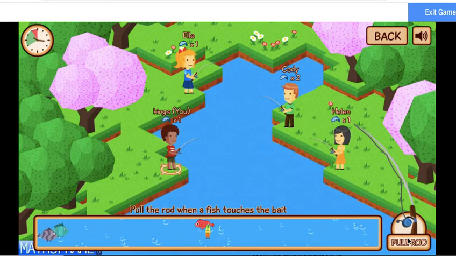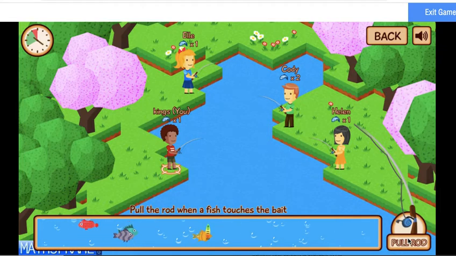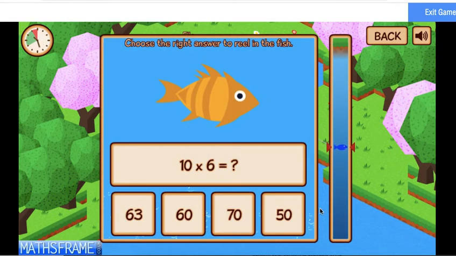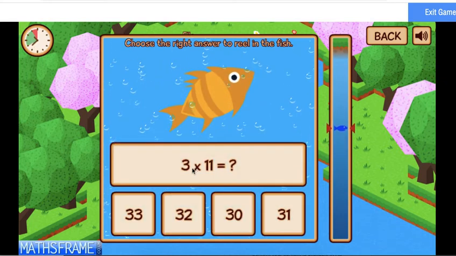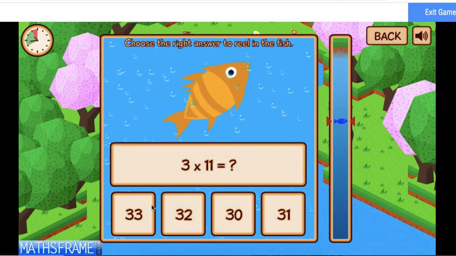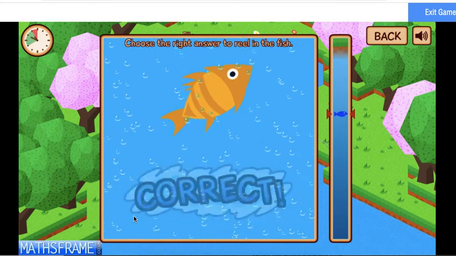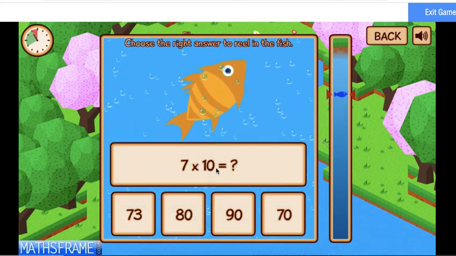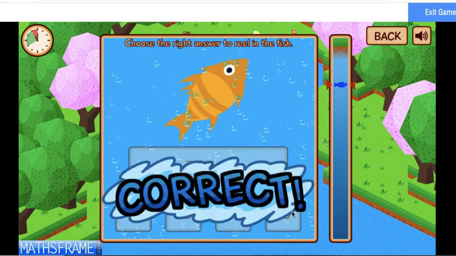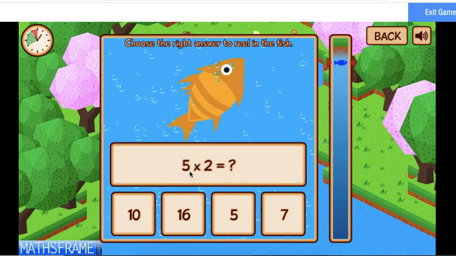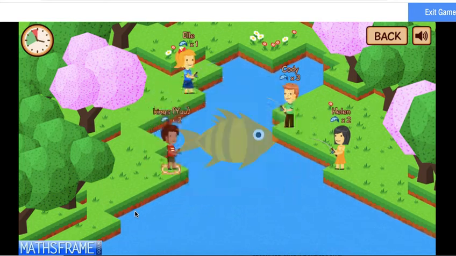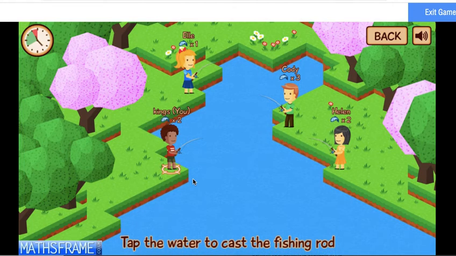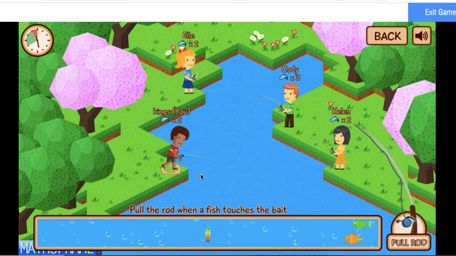Let's wait for a fish. Ah, we got them. 6 times 10 is 60. 3 times 11 is 33. 7 times 10 is 70. 5 times 2 is, well done, good. 2. Let's go one more time.